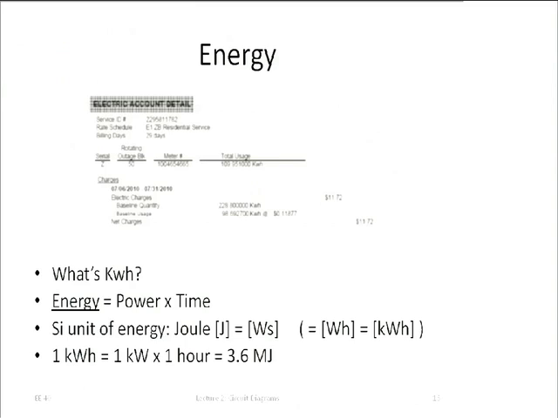Okay, so this is my electricity bill, and it's kind of hard to read, but here it says total usage 109 kWh. What does this mean?